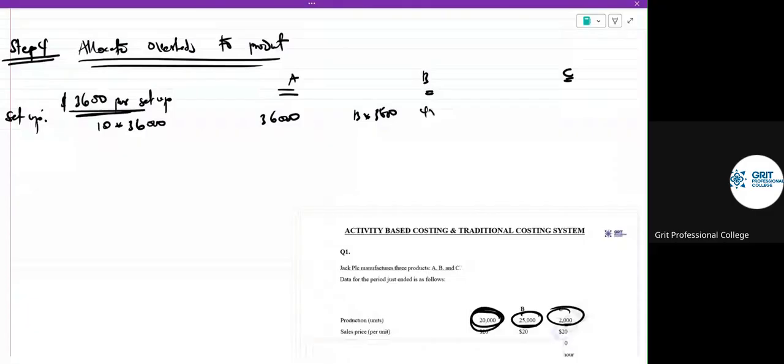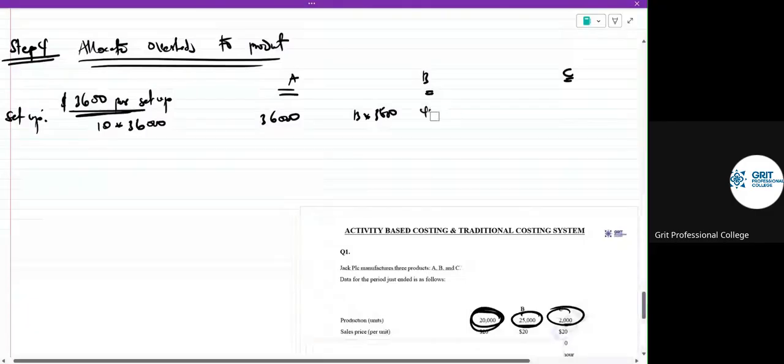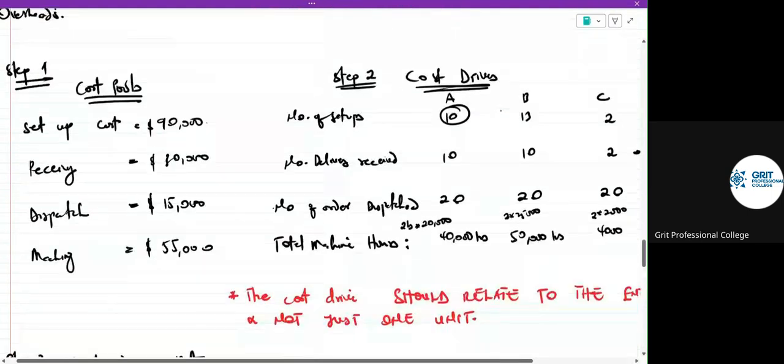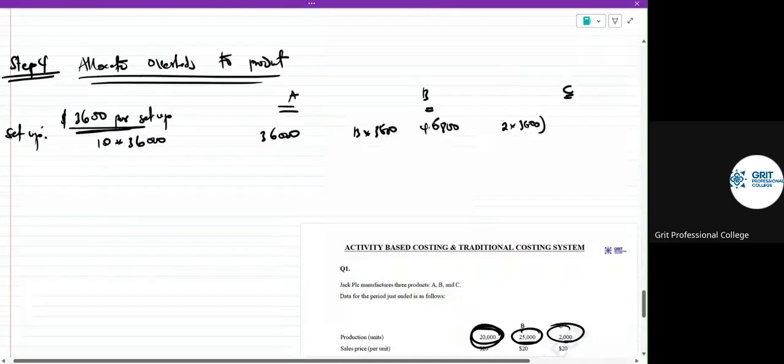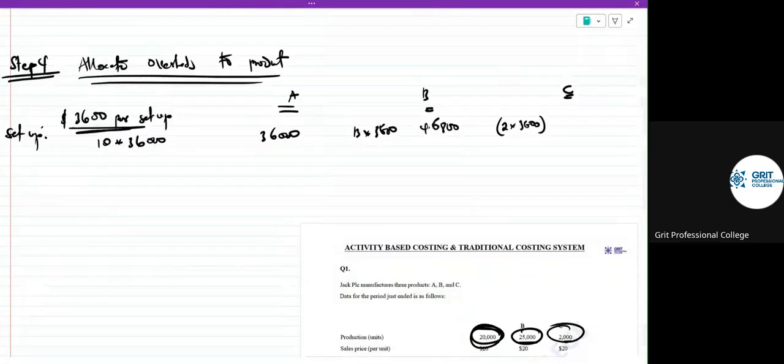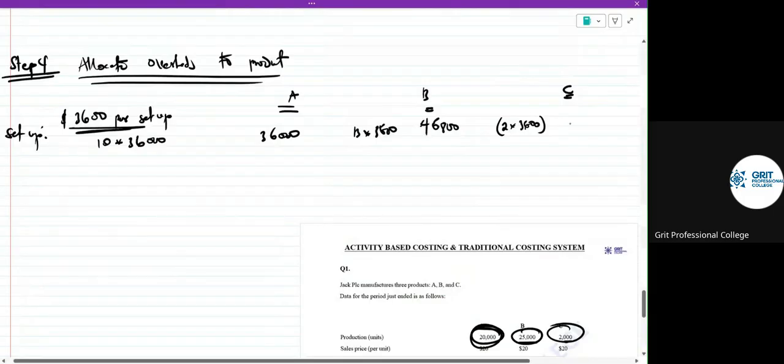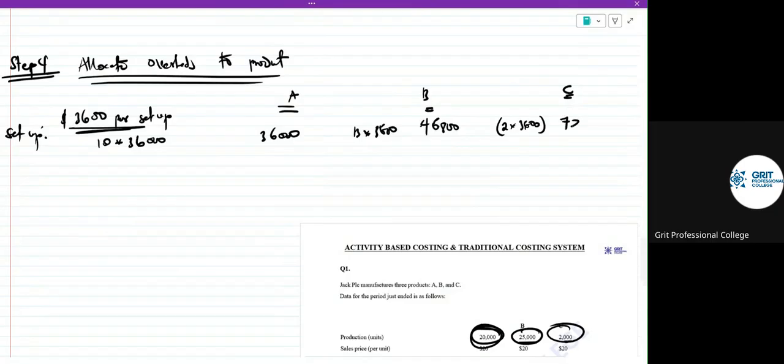All right, so 46,800. C will be 2 by 3,600. That is 7,200.